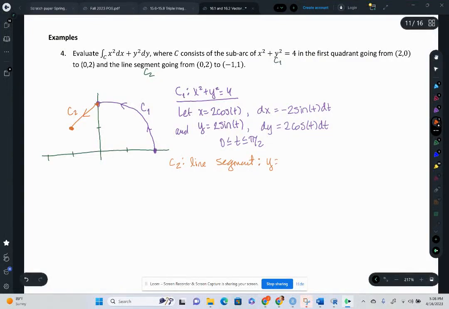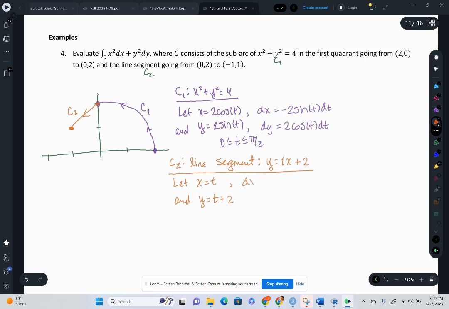It's y equals, and the slope is a positive 1, so I have 1x, and the y-intercept is 2. Since I have an explicit function, I'm going to let x equal t and y equal t plus 2.